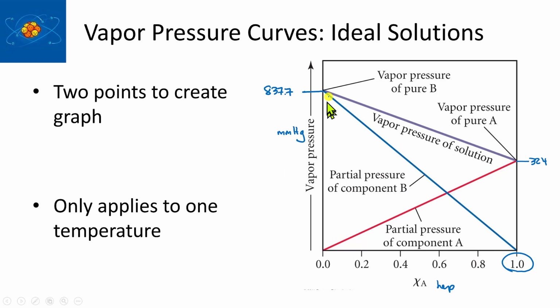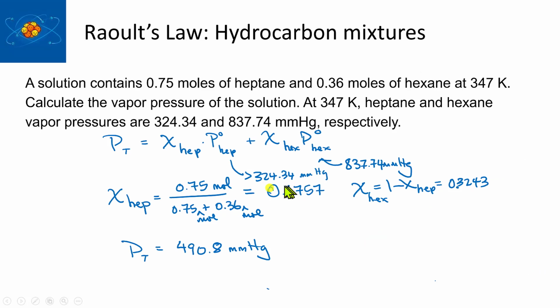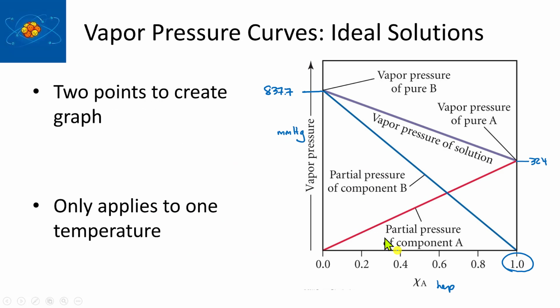In other words, this line represents the contributions of each one of these parts of the equation at the different mole fractions. So let's say you had a 60% heptane mixture. The heptane pressure would be this value. The hexane pressure would be this value. And if you add them together, it actually gives you this line up here.